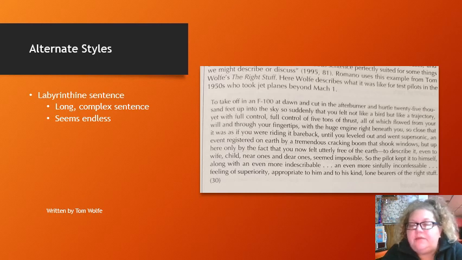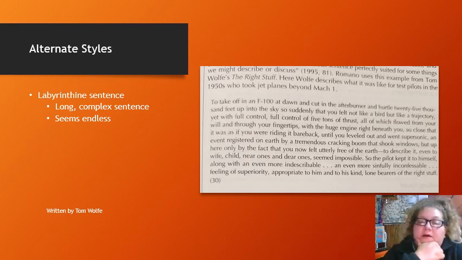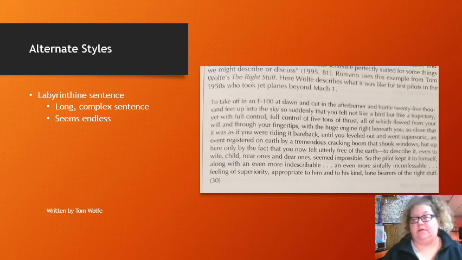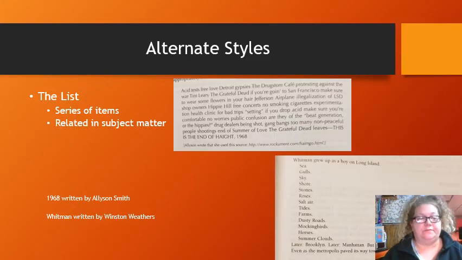He's describing this, and you notice there's not a period until the very end. Ideas may be separated by commas or some dots, but it's just one long sentence that describes an event.